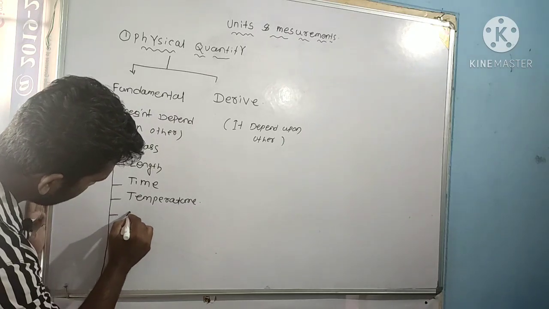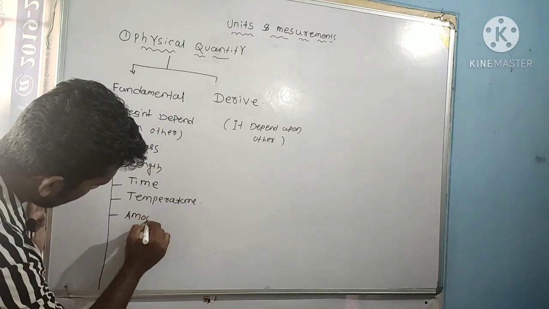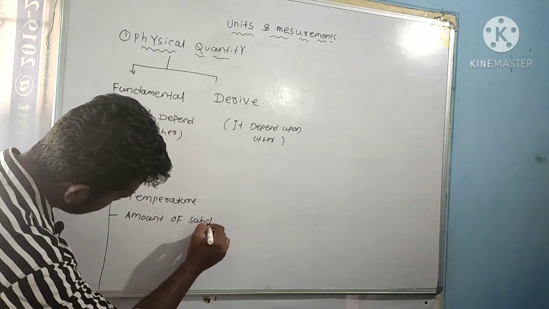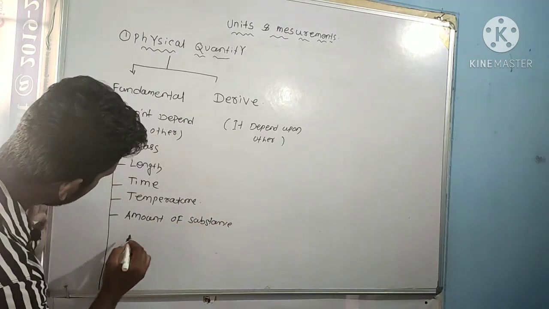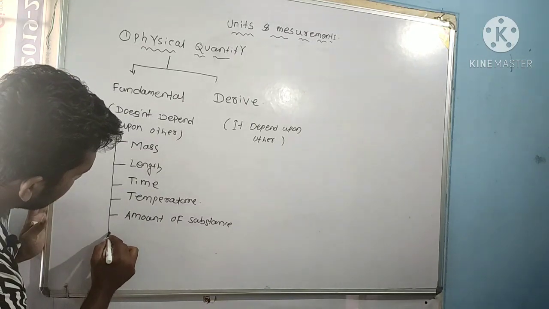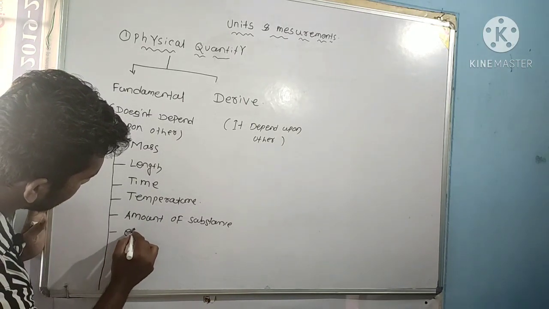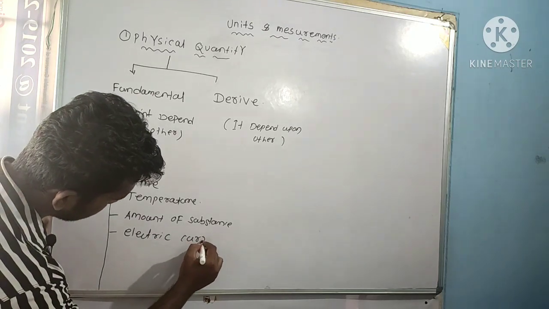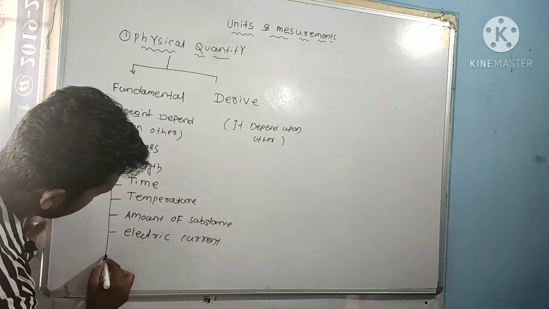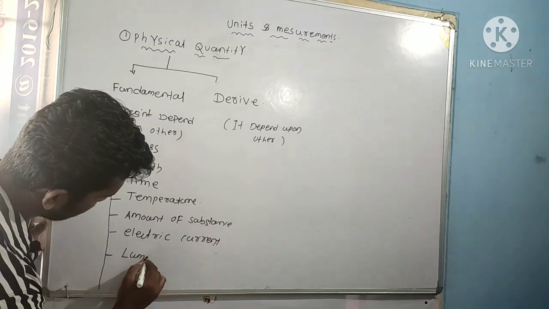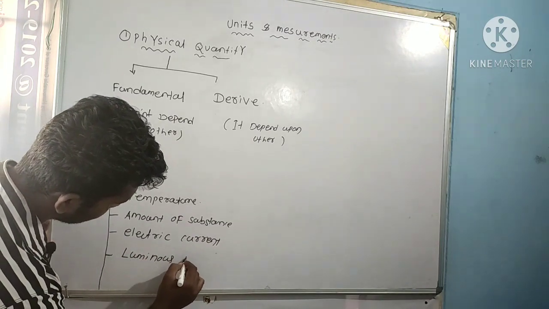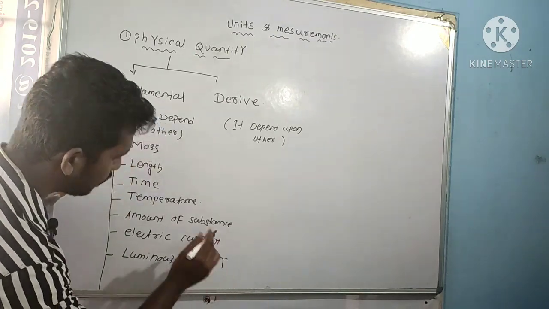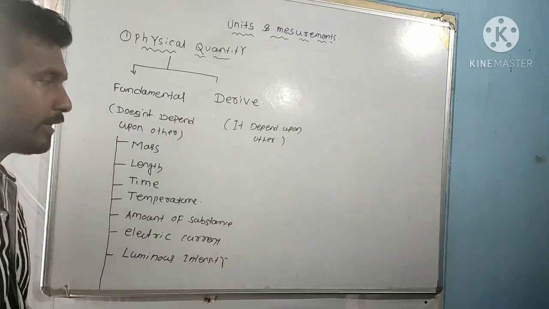Number 5, amount of substance. Number 6, electric current. Number 7, luminous intensity. Okay, so these are the 7 fundamental quantities.